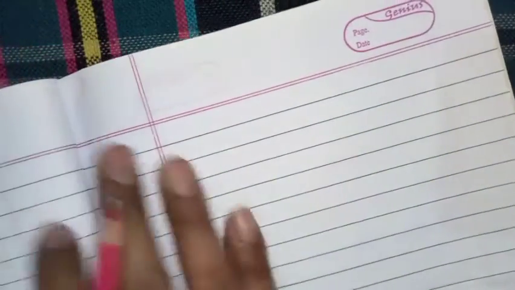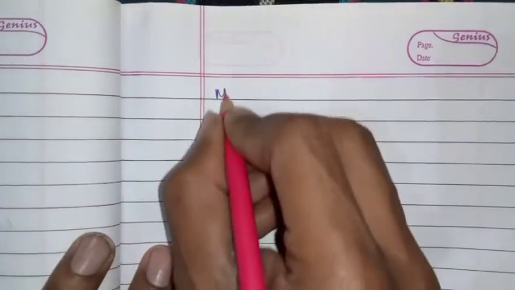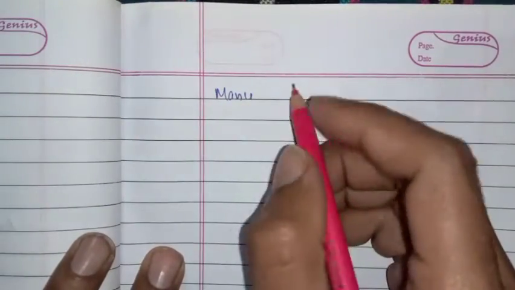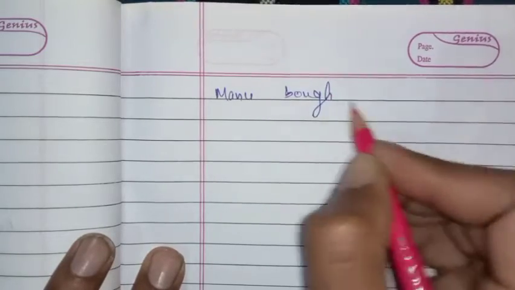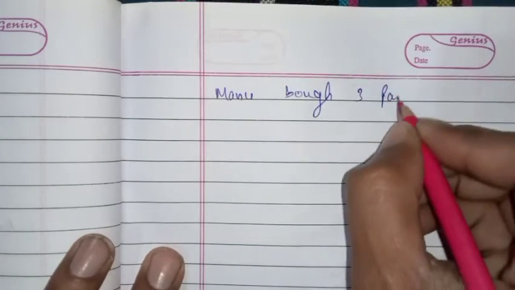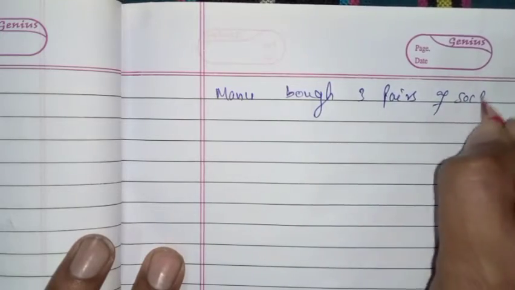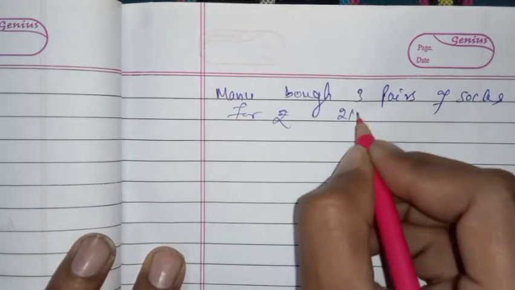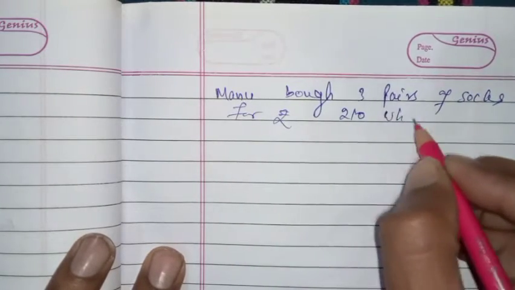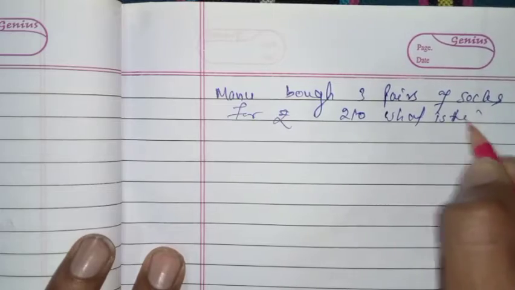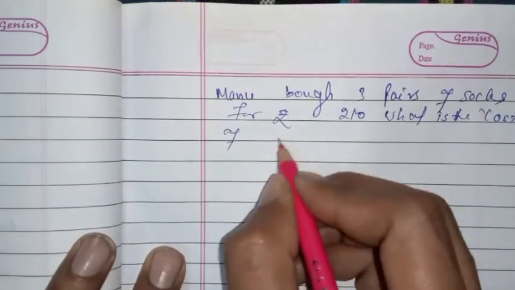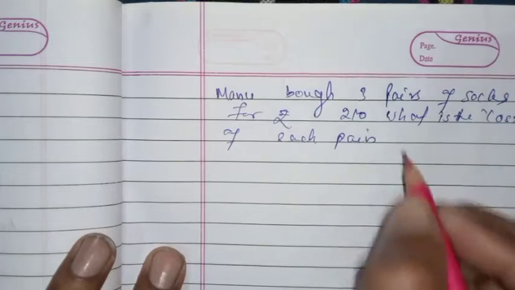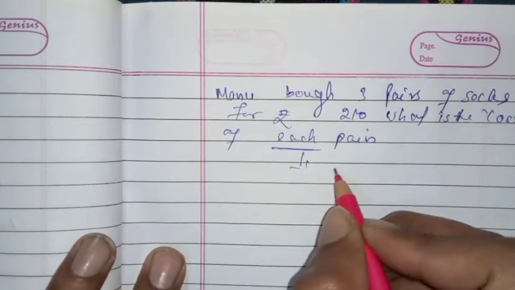Now the next question. Manu bought 3 pairs of socks for rupees 210. What is the cost of each pair? Each pair means one pair.